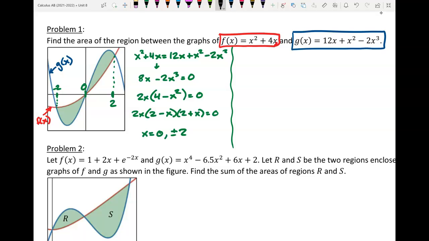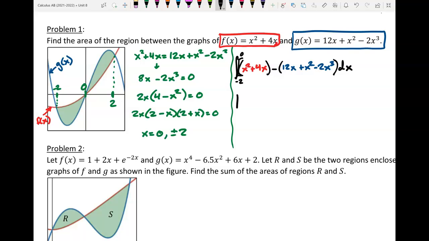We are doing the first area, so that'd be the integral from -2 to 0, and our f is on top. So that's going to be x squared plus 4x, minus our g of x. So that would be 12x plus x squared minus 2x cubed dx.